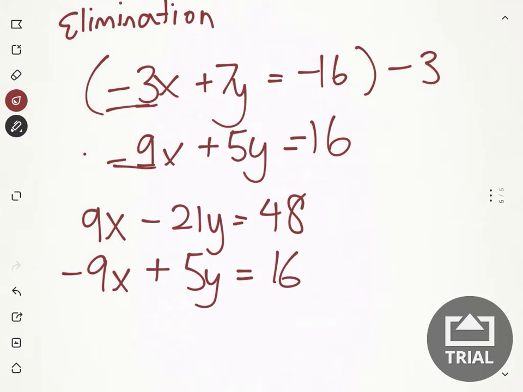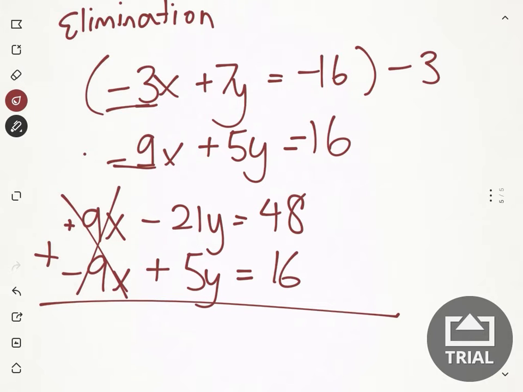So I've multiplied this in a way that my coefficients for my x's are now positive 9 and negative 9. So if I add these equations together, I found a way to cancel out the x's because positive 9x plus negative 9x is just 0.